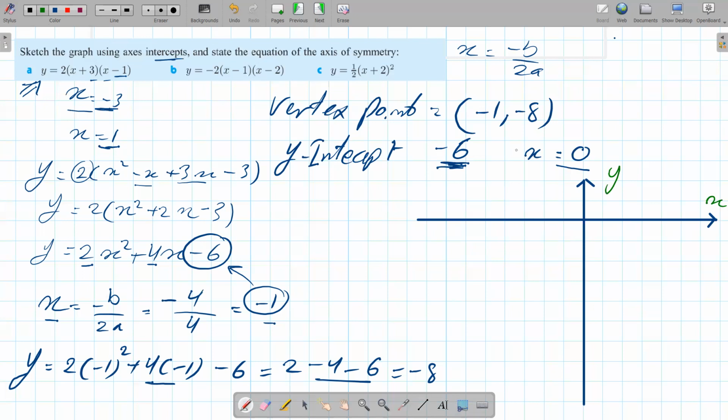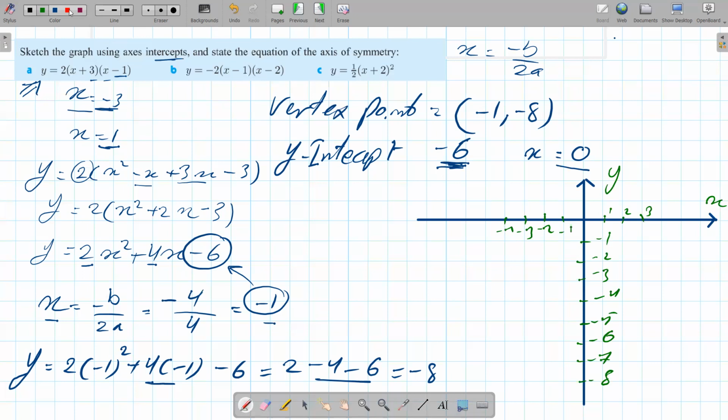Then the first point should be -1 and -8, which is the vertex point, right? -1, -2, -3, -4, -5, -6, -7, -8. And here we have -1, -2, -3, -4. And here we have 1, 2, 3.